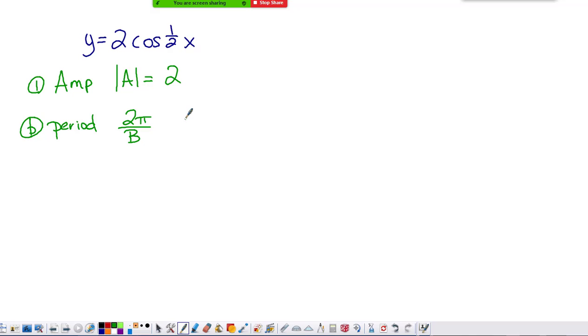So what are we going to have? 2 pi over 1/2. That means we have to multiply by the reciprocal. And what are we going to get? 4 pi. Makes me hungry doing trig functions.